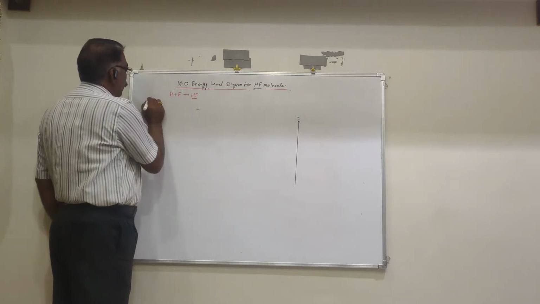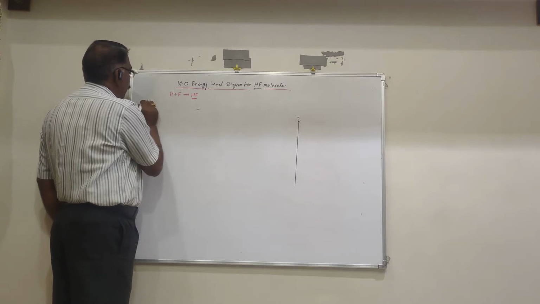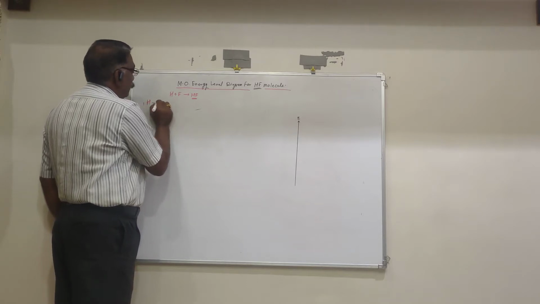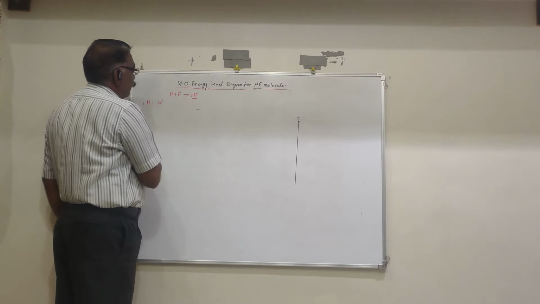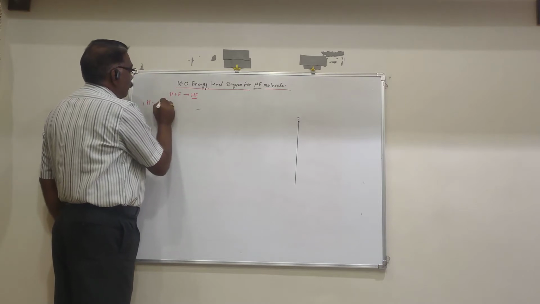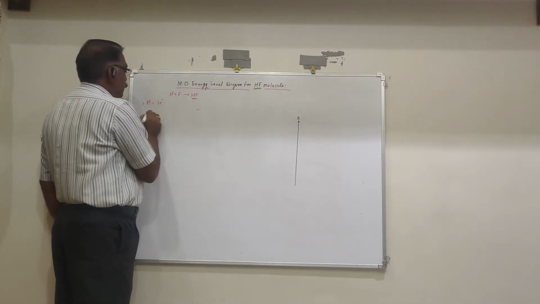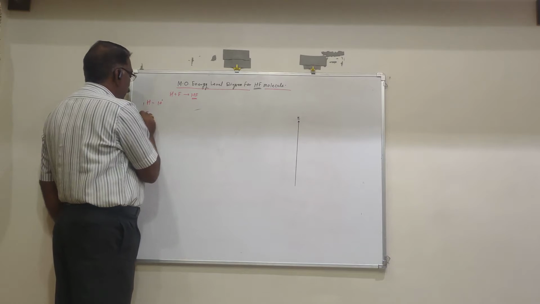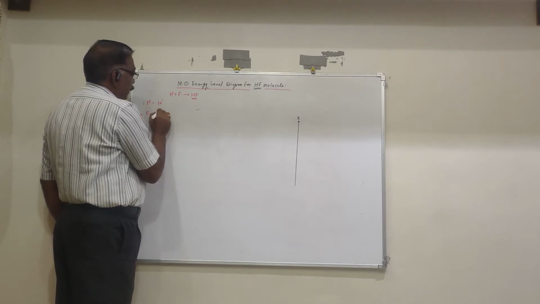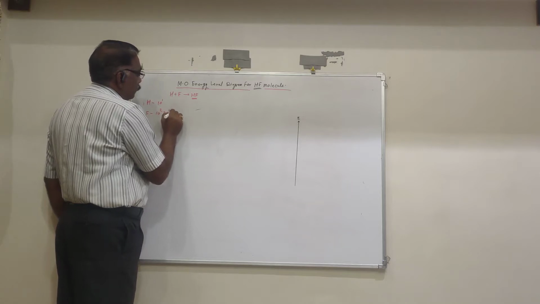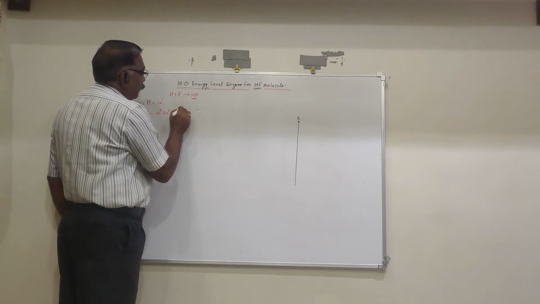When we see the electron configuration of hydrogen, it has atomic number 1, and the electron configuration is 1s1. Fluorine has atomic number 9, and its electronic configuration is 1s2, 2s2, 2p5.